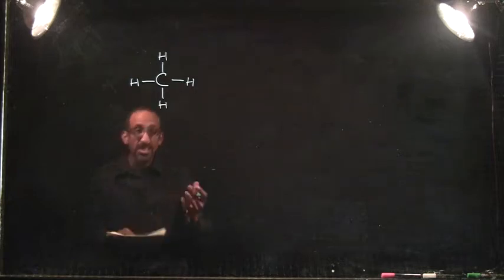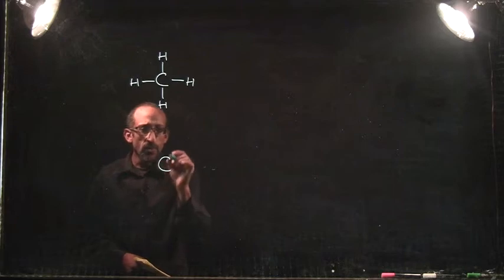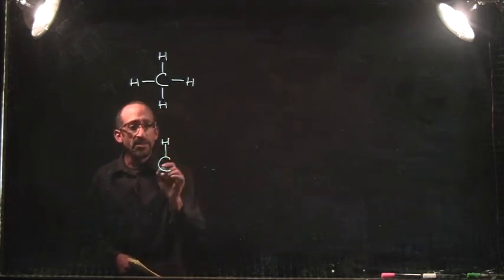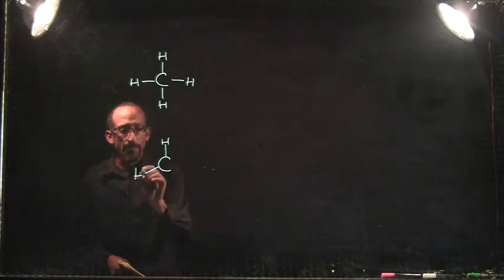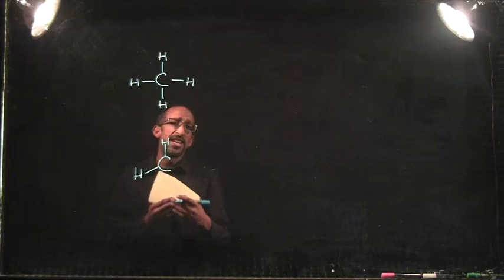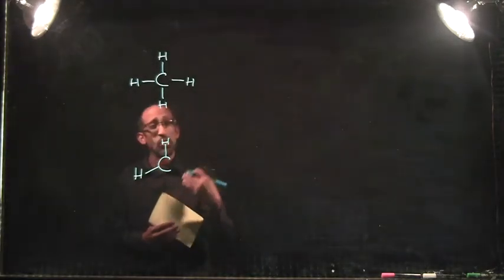And so we see that in reality, the structure of methane would look like this, where we can place 3 atoms all in the same plane, and then the other 2 hydrogens would either be extending out of the board towards you and then one behind the board towards me.